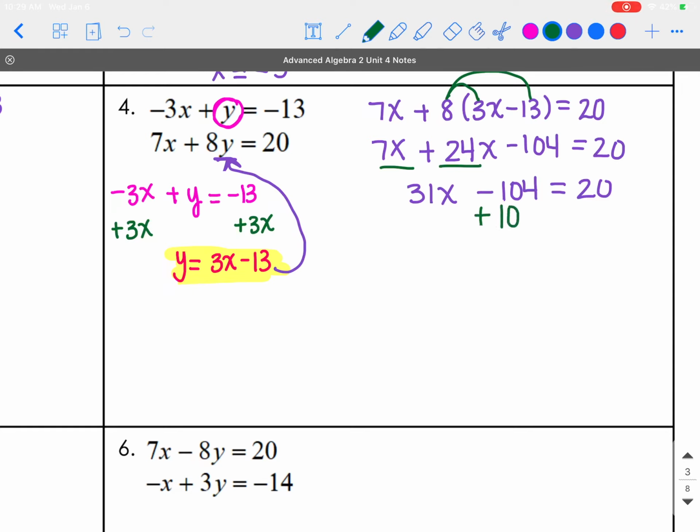Then I'm going to add 104 to both sides. And then if I divide both sides by 31, we get x equals 4.